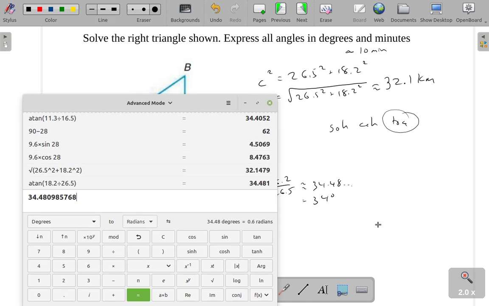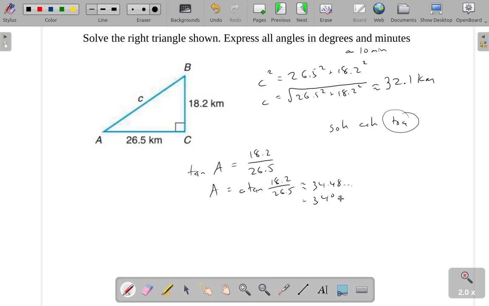I'm converting this to degrees and minutes now, so I'm going to subtract off the 34 degrees just to isolate the part that follows the decimal point, and multiply that by 60 to figure out how many minutes this is. And this is 28.85 minutes. If I'm rounding this to the nearest 10 minutes, that means I would call this 34 degrees and 30 minutes.